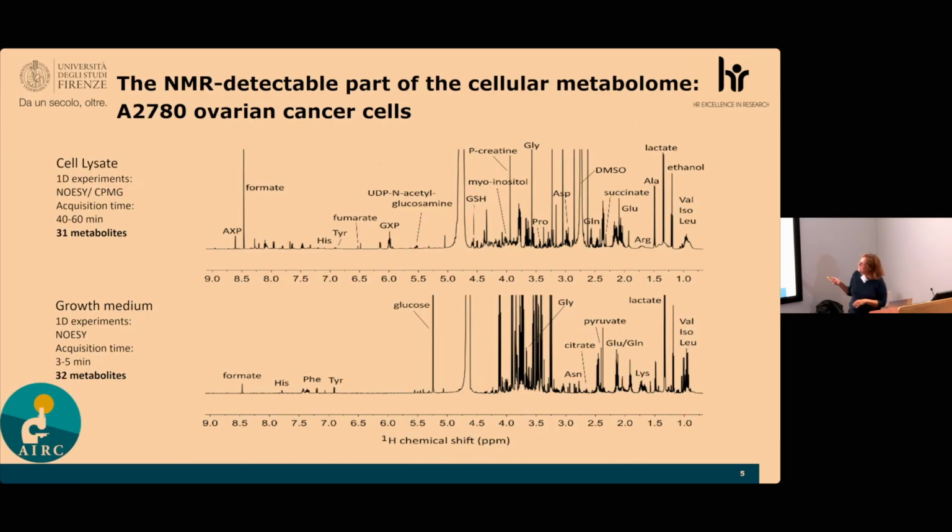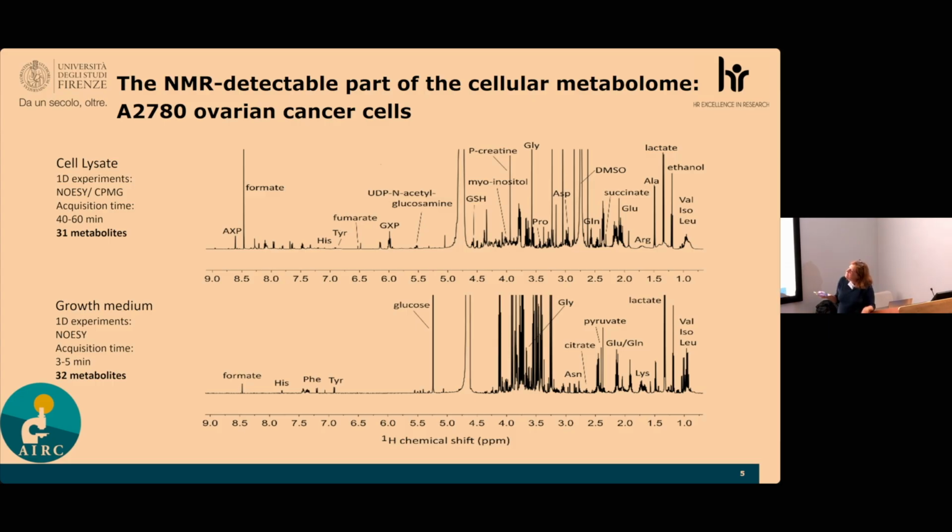Just to give you an idea of the spectra, these are simple proton monodimensional spectra, because clearly if you want to screen several conditions, several drugs, we need something that can provide information quickly and without too many difficulties in their analysis.